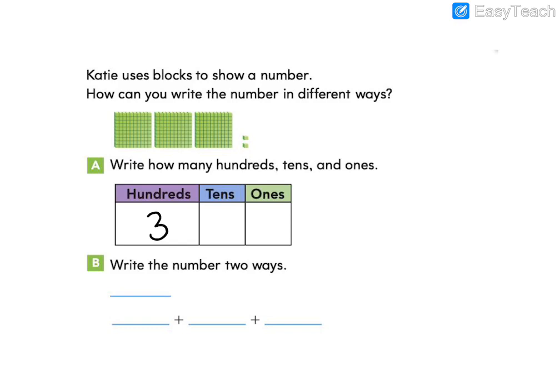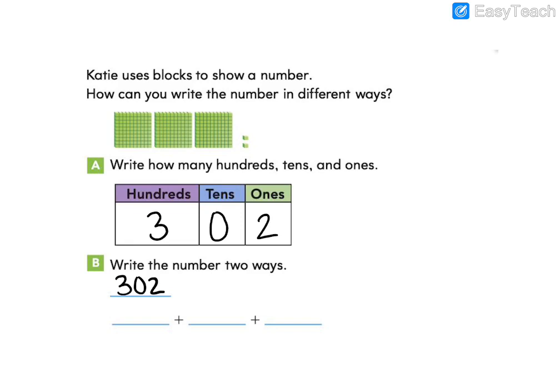Do you see any tens? There are no tens there. And how many ones are there? 2 ones. So we can see our number is 300, 301, 302. So the first way we'll write it is 302.